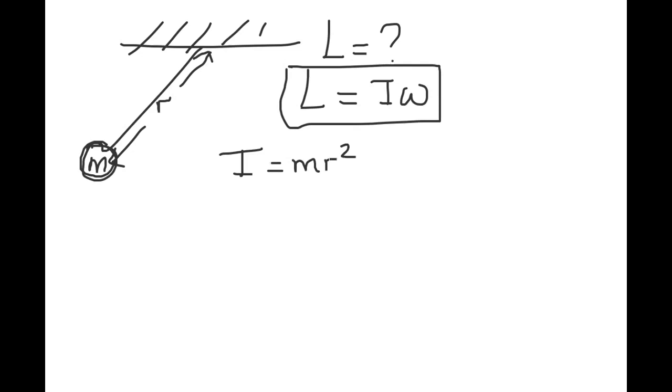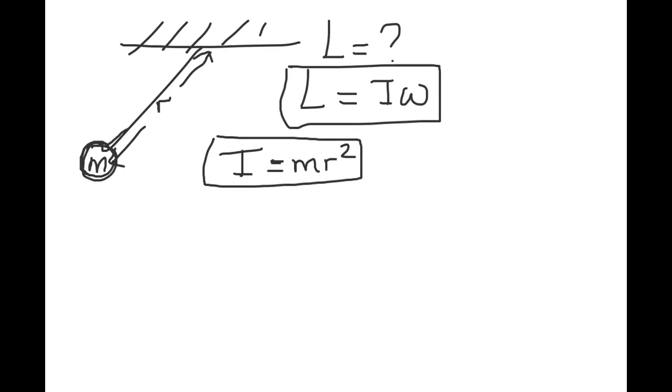So the rotational inertia of a simple pendulum is mr squared, for when a mass is away from the rotational axis and is small enough compared to the length. Then we use I equal to mr squared.